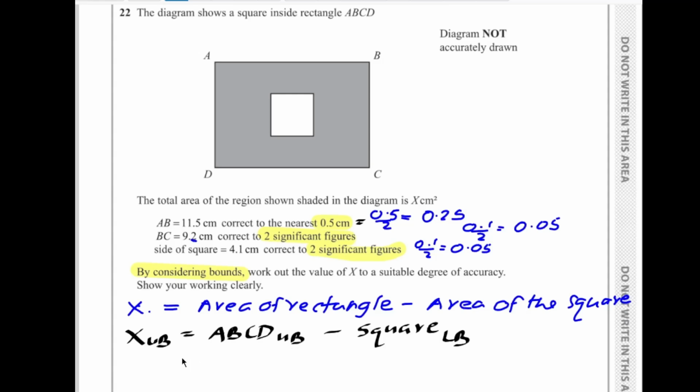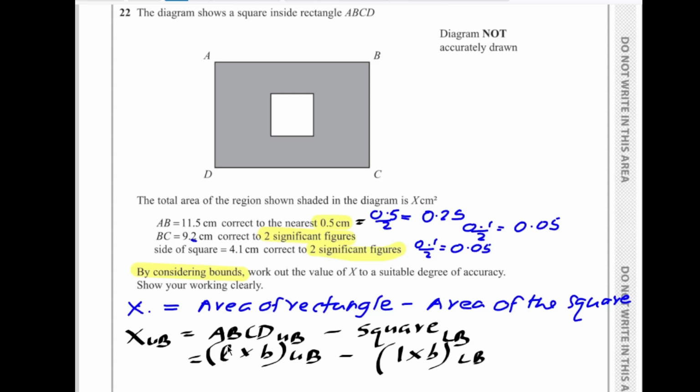So how to get the area of ABCD? Then we need to get the length into breadth. Length into breadth, upper bound, minus length into breadth, lower bound.